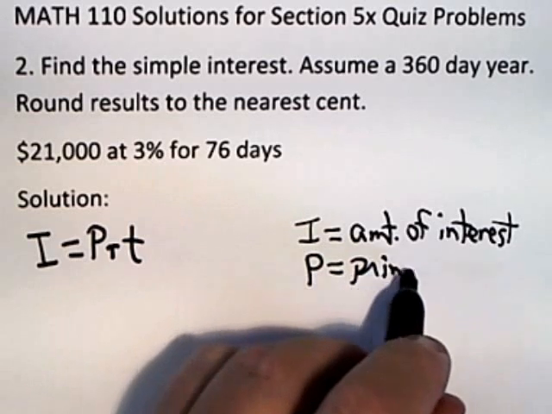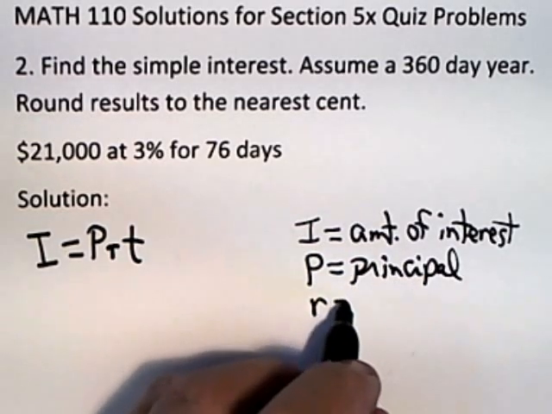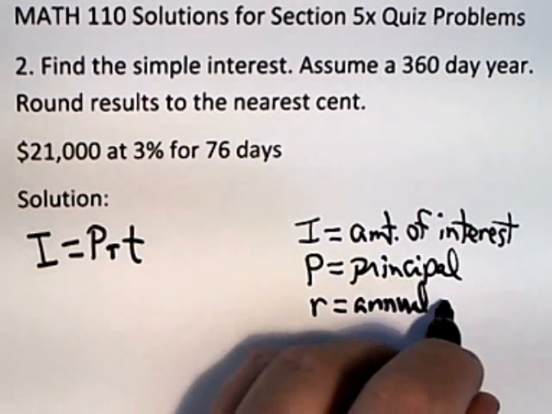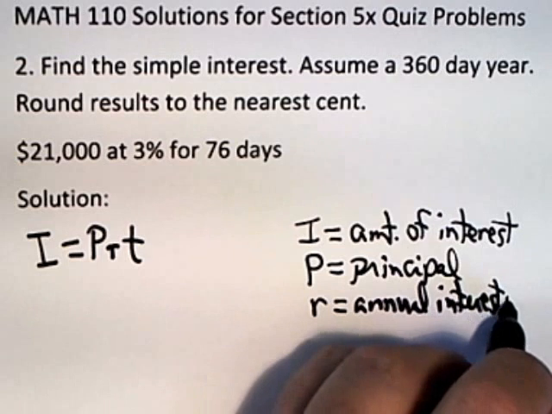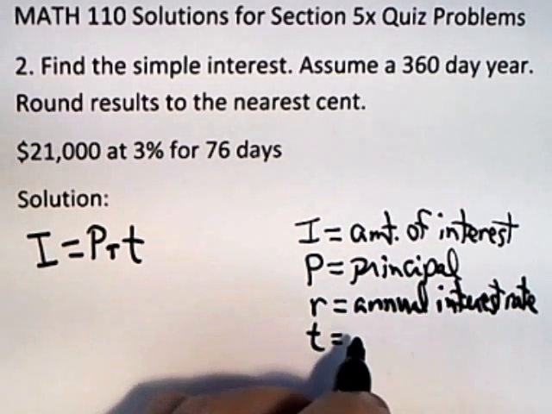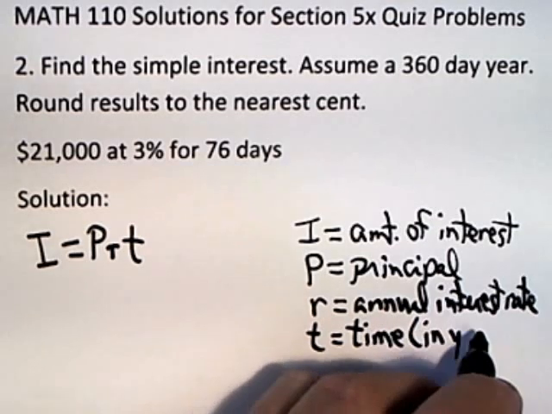P is the principal, which is the amount you invested. Little r is the annual interest rate. And little t is the time, and it has to be given in years.